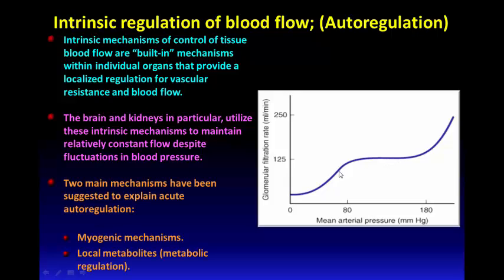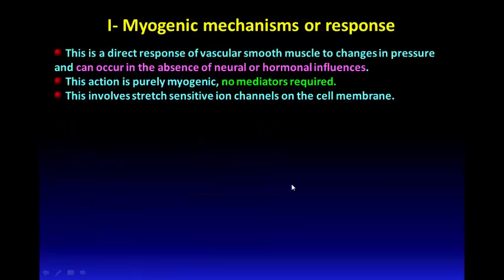There are two main mechanisms which have been suggested to explain autoregulation. These include myogenic mechanisms and local mechanisms, local metabolic regulation.